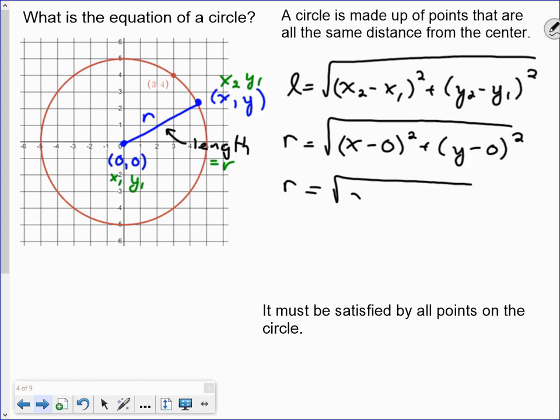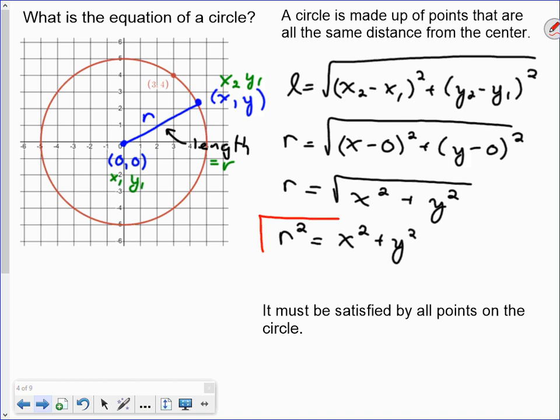And this simplifies. x minus 0 is just going to be x. y minus 0 is just going to be y. So we get r is equal to the square root of x squared plus y squared. I can square both sides to get r squared equals x squared plus y squared, since I don't need the square root anymore.